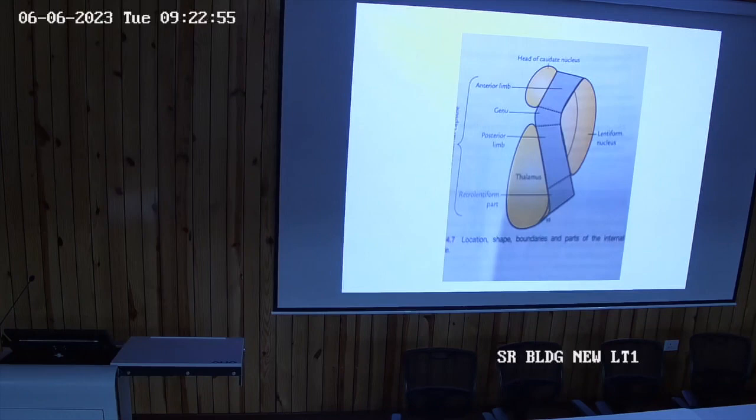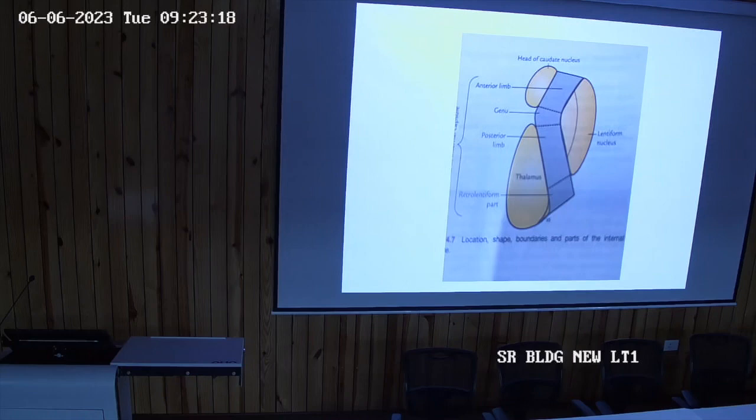The motor fibers are of the corticopontine type. First is the corticopontine fibers. These fibers arise from the cerebral cortex, and they relay on the pontine nuclei, and not only the pontine nuclei but also relate to the cerebellum.